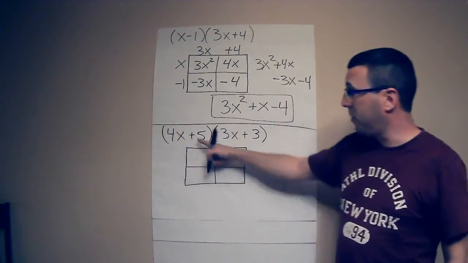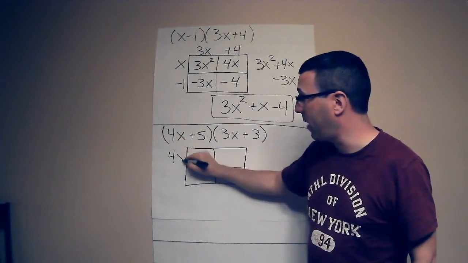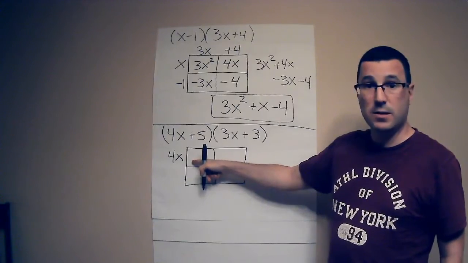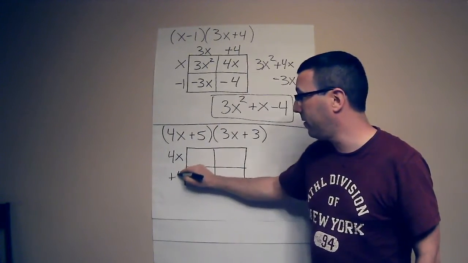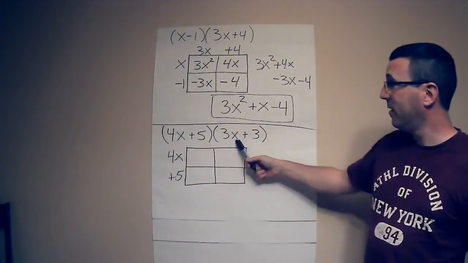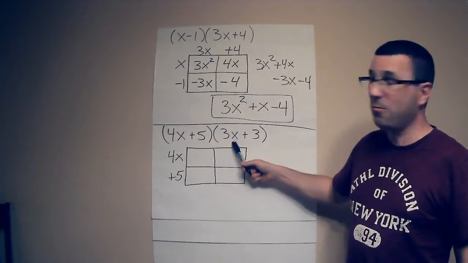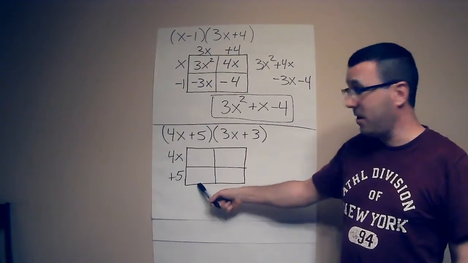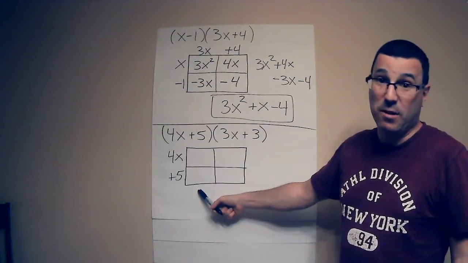The first one I'm going to do 4x plus 5. Again, my 4x next to my top left box, plus 5 next to my bottom left box. 3x, I don't want to jam it in here, it's not enough room. So this time I'm going to put it down here, because out of necessity, I don't have enough room.